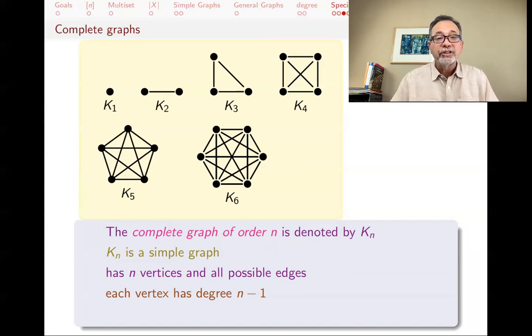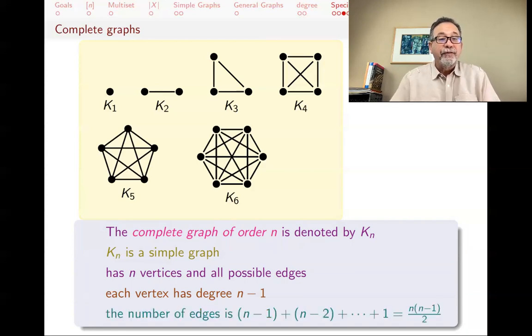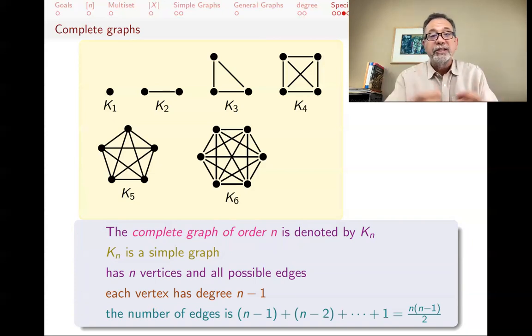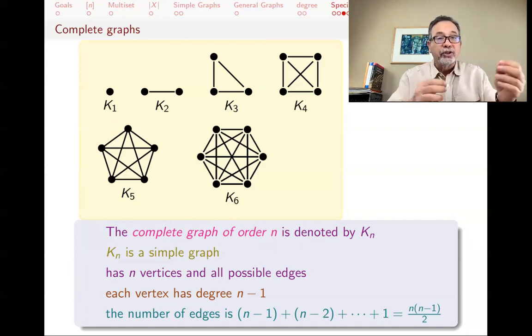Well, for the number of edges, you can think of it as the first vertex being connected to n minus 1 vertices. The second one is connected to n minus 2 new vertices, because you already counted the one edge that went to the first vertex. And then all the way down, the one before last is just connected to one more vertex.